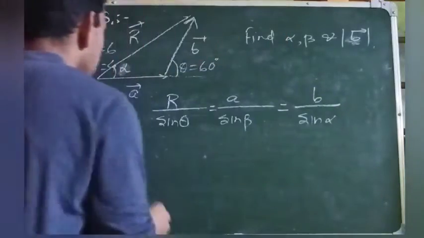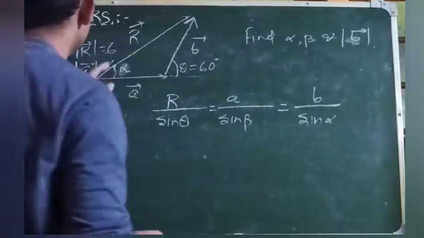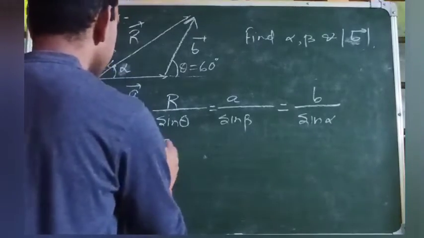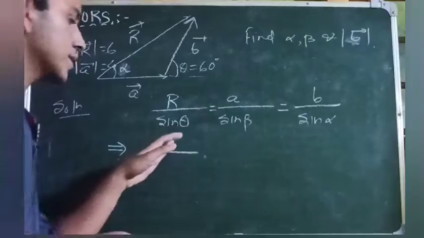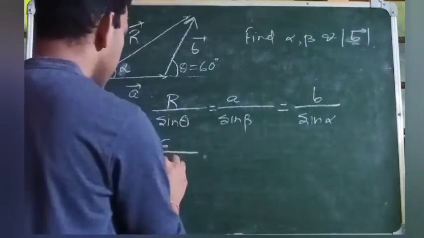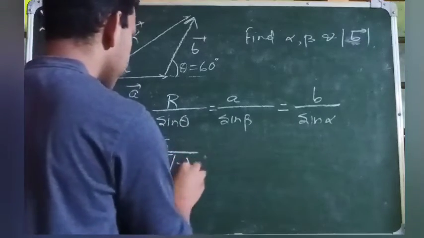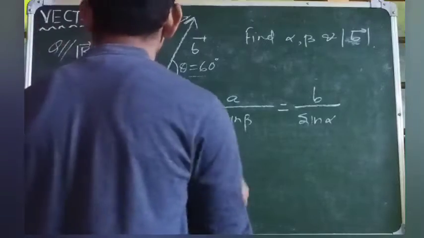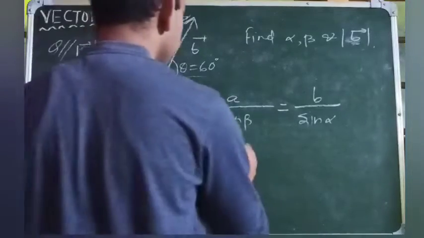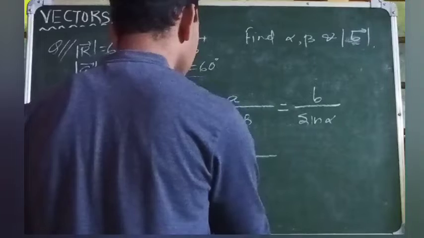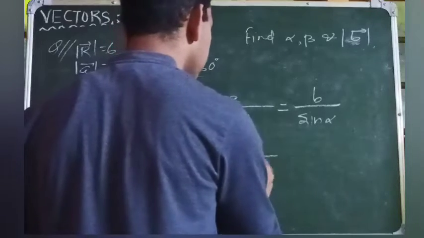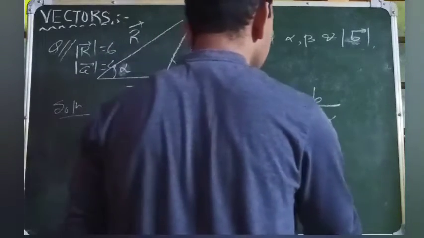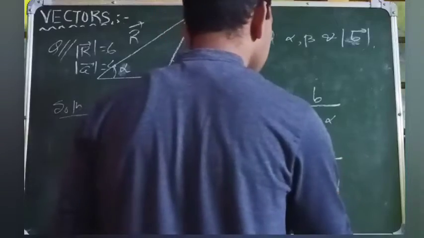Now putting the values, the magnitude of R vector is 6. Theta is 60 degrees, so sine 60 is basically root 3 upon 2. The magnitude of A vector is 4. We are getting the expression with sine beta, equal to b upon sine alpha.